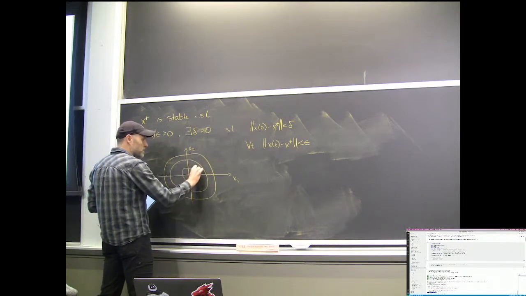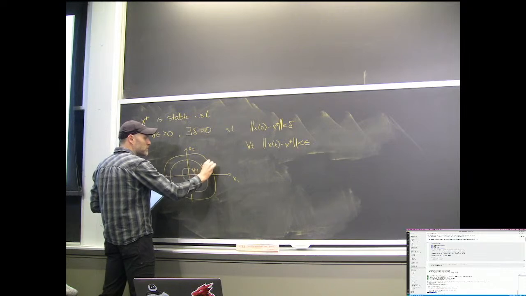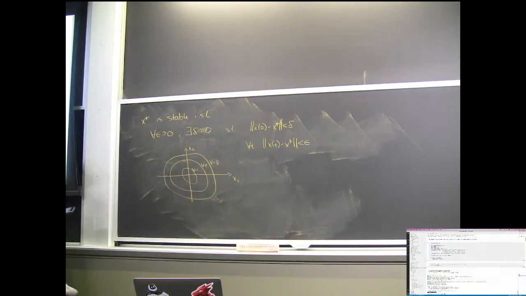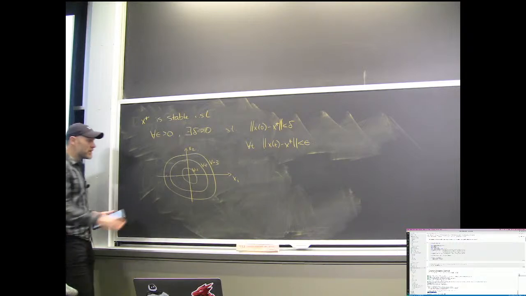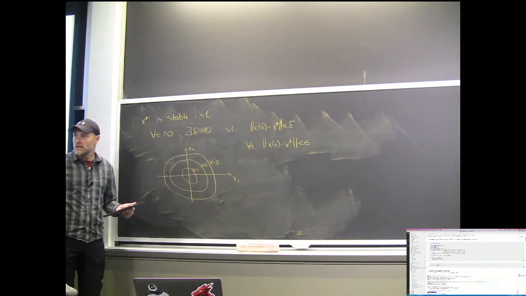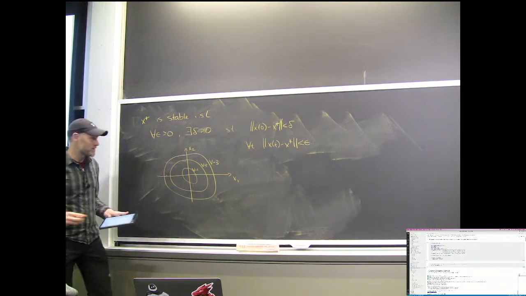This could be v equals 1, v equals 2. Right, these are just level sets of the Lyapunov function. If I have this function, just like the energy function, if I know that v dot is always less than or equal to 0, then every level set of my Lyapunov function is an invariant set, okay?